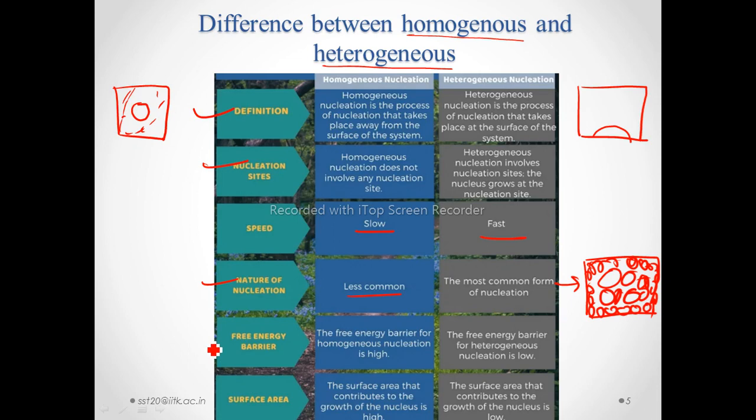Whereas for the free energy barrier, I will explain in depth separately in the upcoming videos. There is a homogeneous as well as a heterogeneous free energy. Just because of the differences, I kept this point here. This is a common plot you will see in the upcoming videos. This is free energy versus radius.